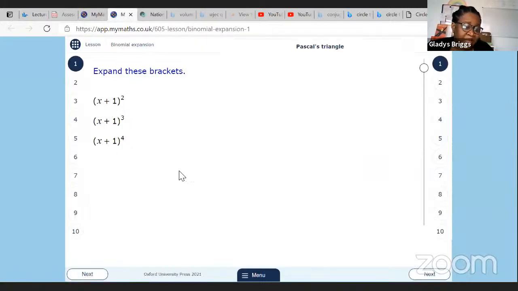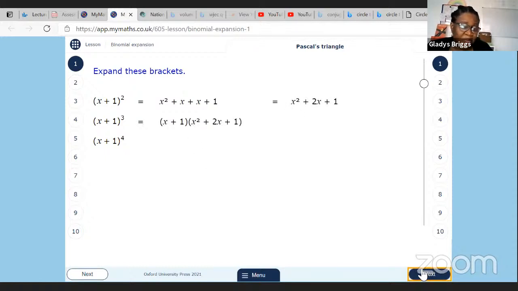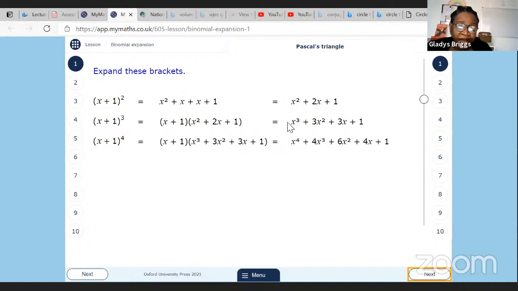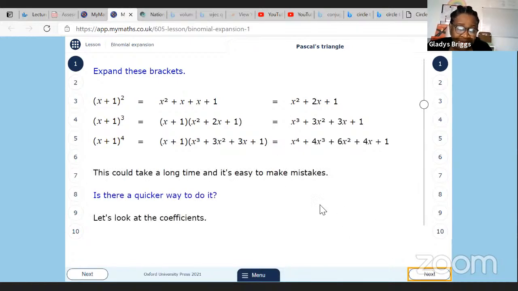Everything that I just explained is here on My Maths. x to the power of 1 is this, then x to the power of 2, 3, and 4. Those are the expansions, and you can spot the pattern there. This could take a long time and it's easy to make mistakes.